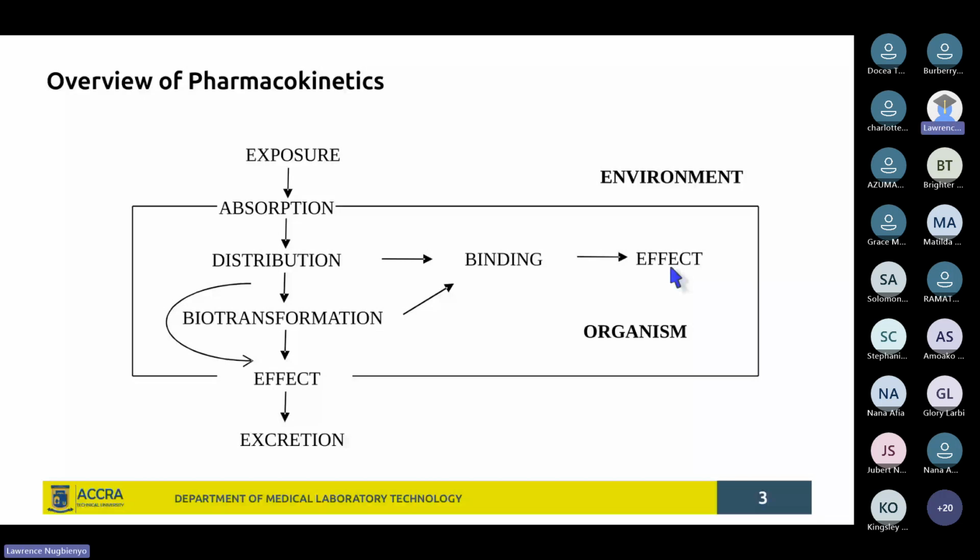Now, from distribution, you can either straight away have an effect of that drug which is introduced into the body, as once it gets distributed to the tissues, gets to the cells, it can have direct effects, which is to say that the substance which is being introduced into the body itself has a therapeutic effect.